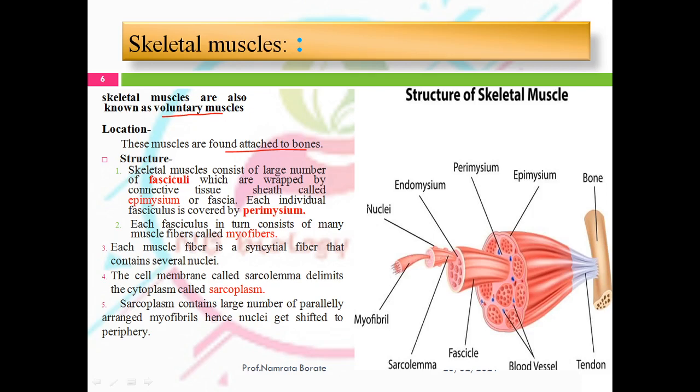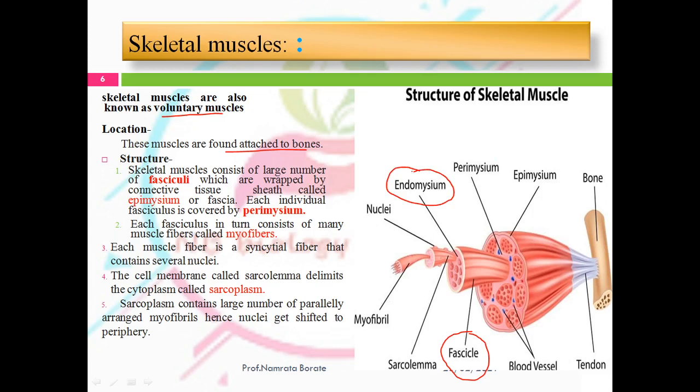When we see the structure of the skeletal muscles, they consist of a large number of fascicles. These fasciculi are wrapped, covered by a connective tissue covering, which is called the endomysium.